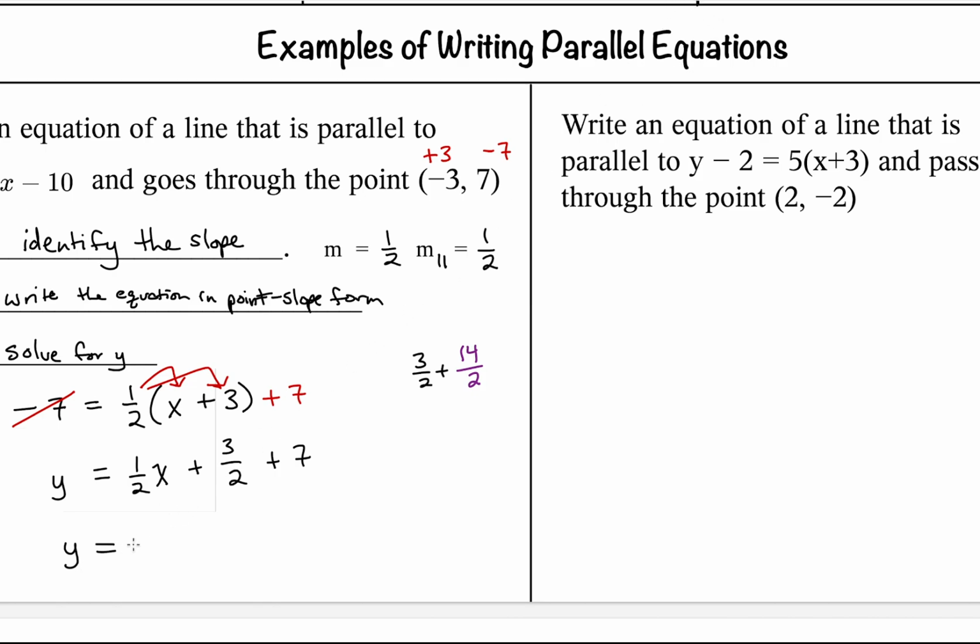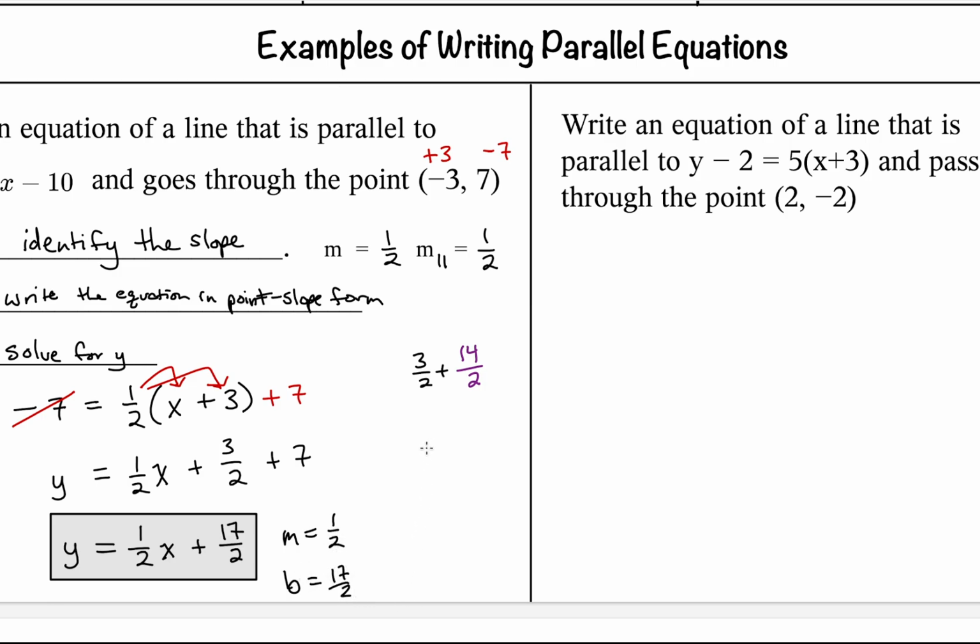So our final form is y equals 1/2 of x plus 17/2. For this one, our slope is still 1/2 and our y-intercept is 17/2. We have different y-intercepts and the same slope, so we have parallel lines.